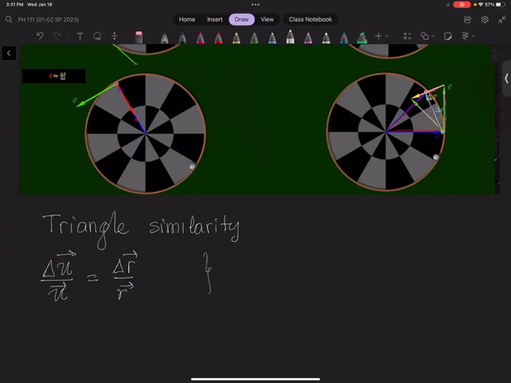But guys, don't we also know that acceleration, which is also a vector, is delta u over delta t? We know that for a fact. Now, if we substitute this from here, what do we get? We get that acceleration is u times delta R over delta t.